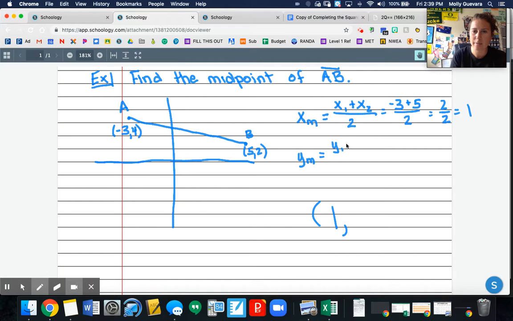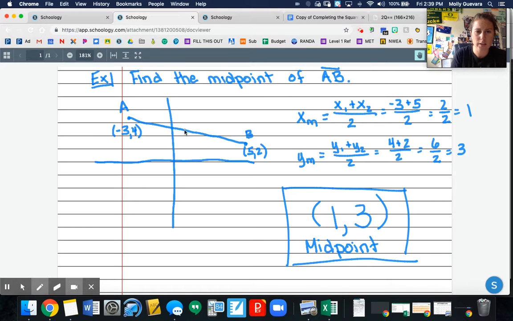I take my y1, add my y2, divide by 2. My first y is 4, my second y is 2, divide by 2. And I get 6 over 2, which is 3. So my y coordinate of the midpoint is 3. So the midpoint here is the point 1, 3. Somewhere in there, this is the midpoint.